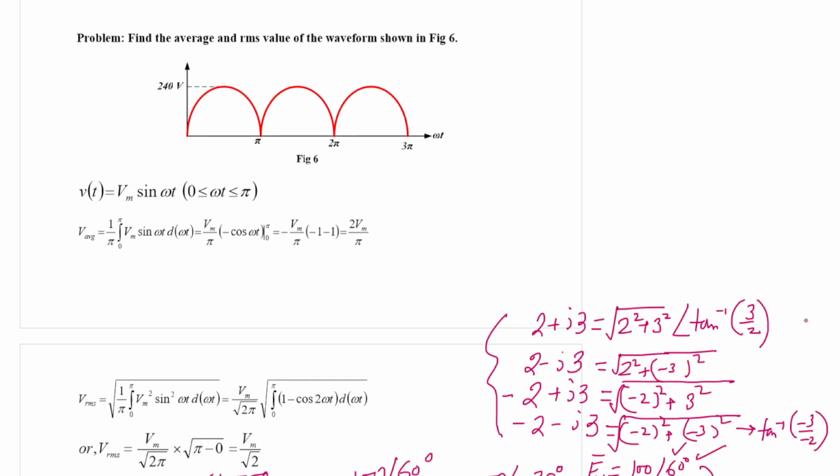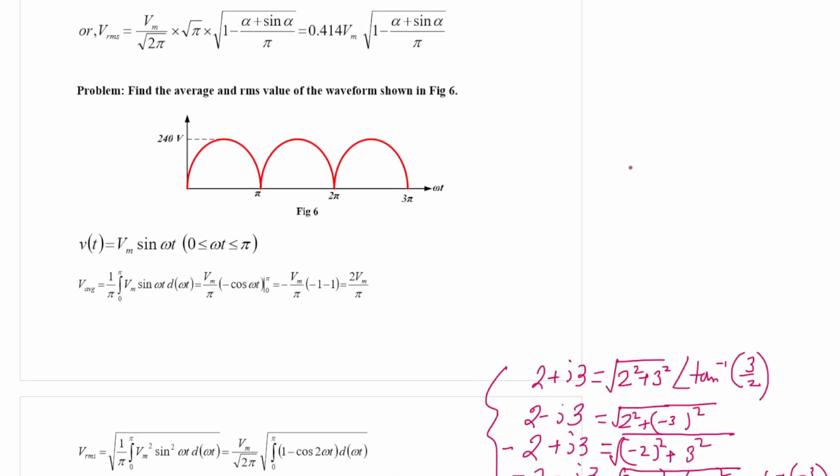The meaning is this: if I draw a plane, the x-axis represents real and the y-axis represents imaginary. Then 2 plus j3 stays in the first quadrant, because its real part is positive and imaginary part is also positive. So the evaluated angle should lie in the first quadrant.